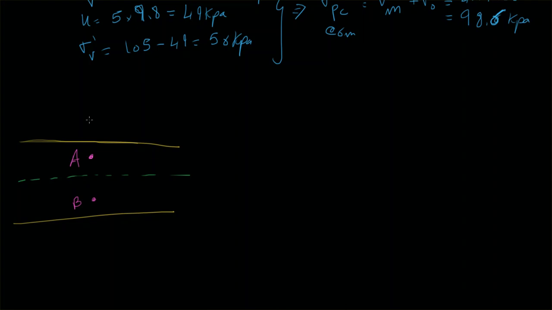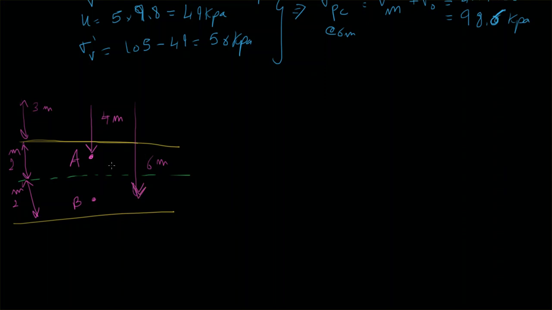The first midpoint will be located at a depth of 4 meters, since the layer above is 3 meters, and the clay is 4 meters, so each sublayer is 2 meters and half of it is 1, so 3 plus 1 is 4. The other one is 3 plus 3, that's 6 meters.